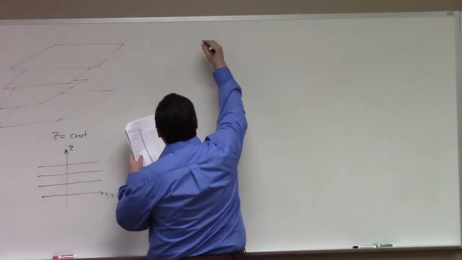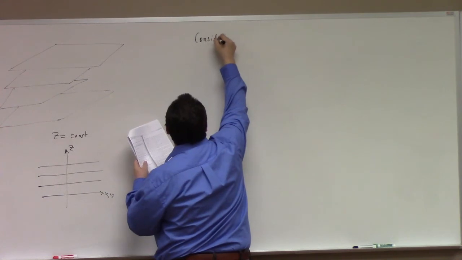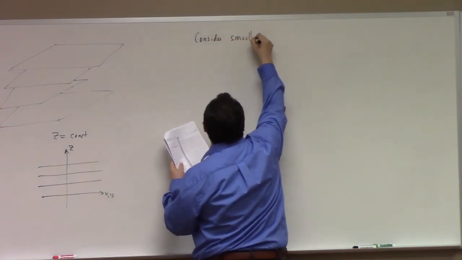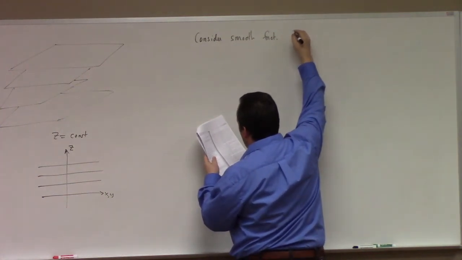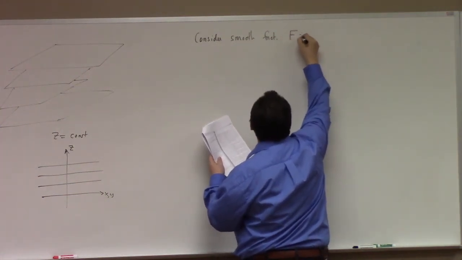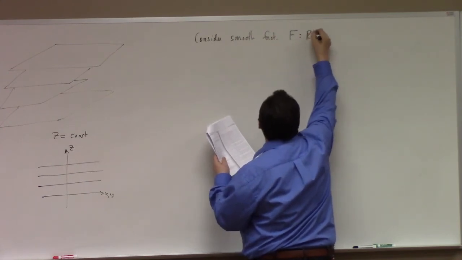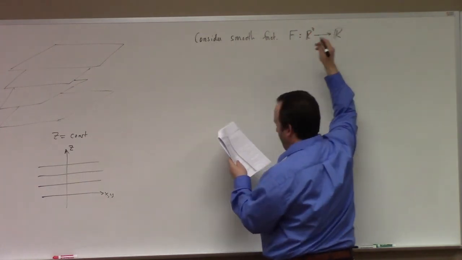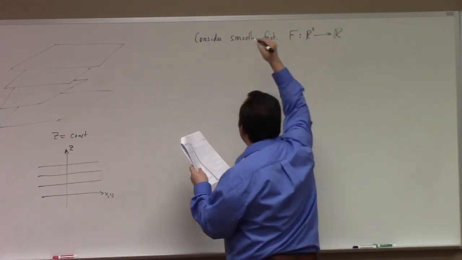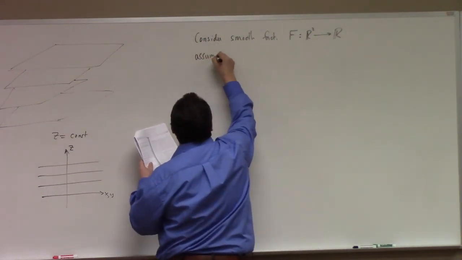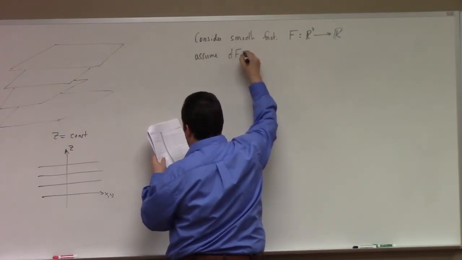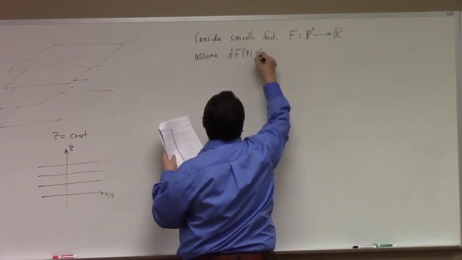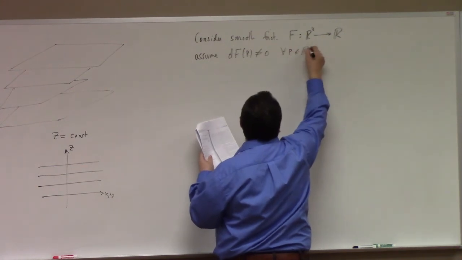So he says, consider a smooth function. You have to bear with me here, guys. I'll get the ideas out eventually. Smooth function f from R3 to R. Then if we assume that df of p is not equal to 0 for all p, then what?